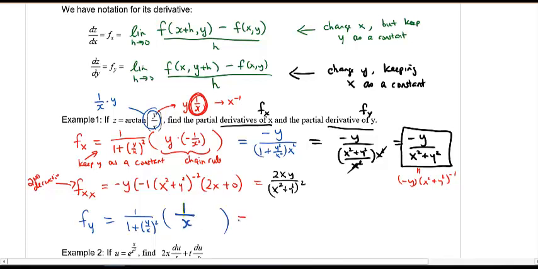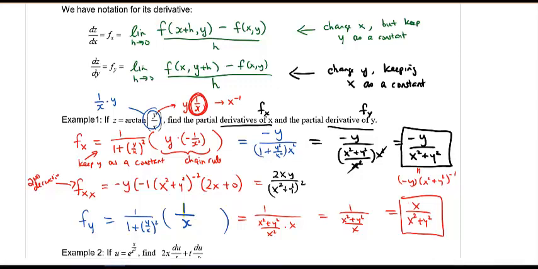Then we can simplify this: x squared plus y squared all over x squared, times x. That equals 1 over x squared plus y squared over x. Flip it around: x over x squared plus y squared. Done.